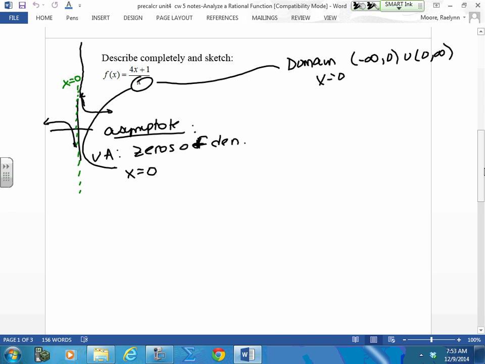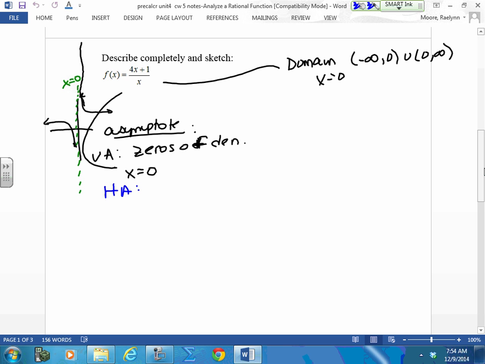Now, next step, we're going to look at your horizontal asymptote. Your horizontal asymptote says you need to determine your end behavior for your graphs to see where your lines are going, these guys. Now, we look at the highest exponent in the numerator and the highest exponent in the denominator.